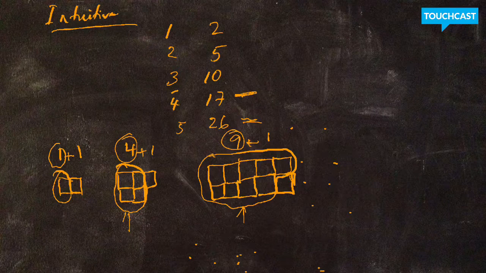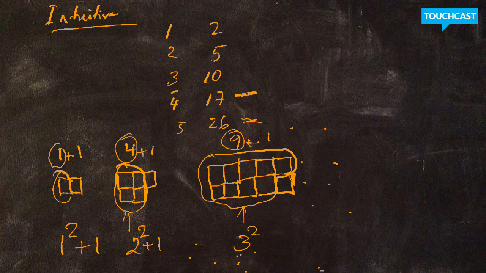We have to know what square numbers are, and that'll give you, if I go 1 squared plus 1, 2 squared plus 1, 3 squared plus 1.